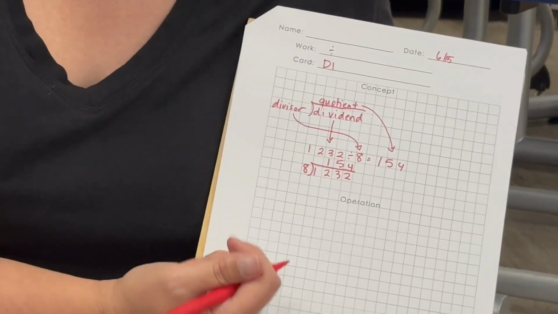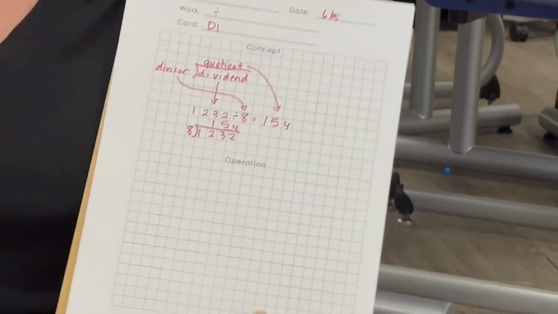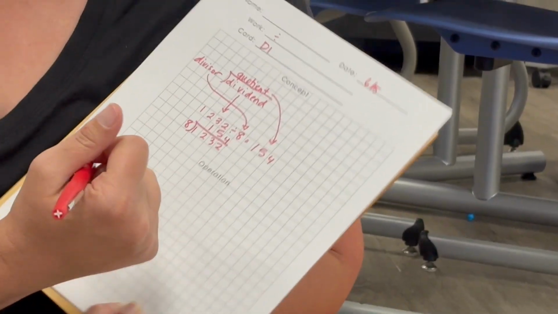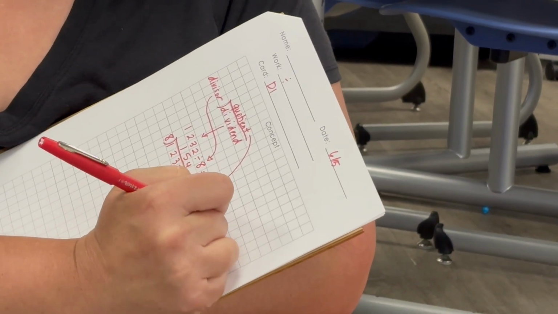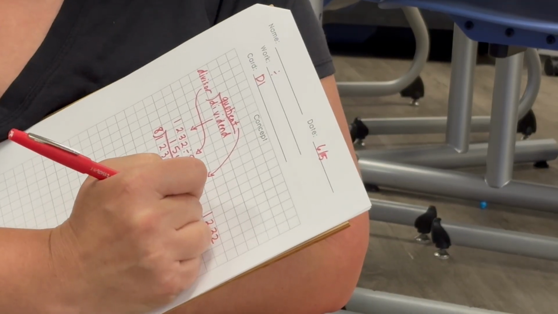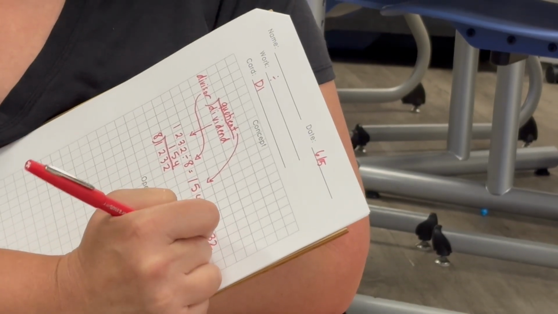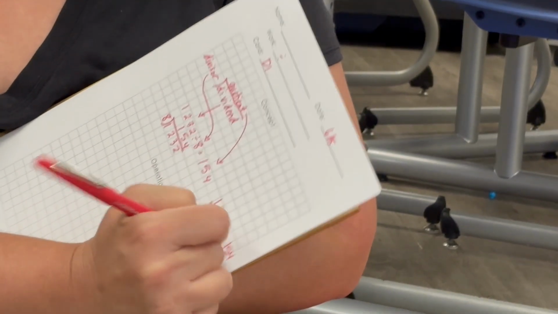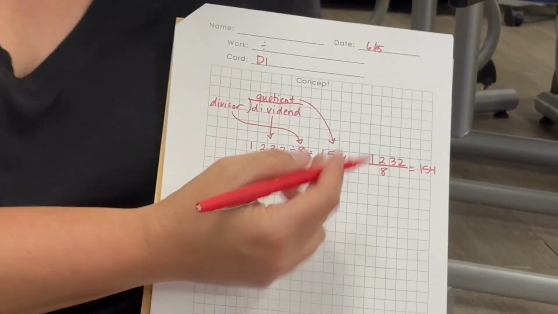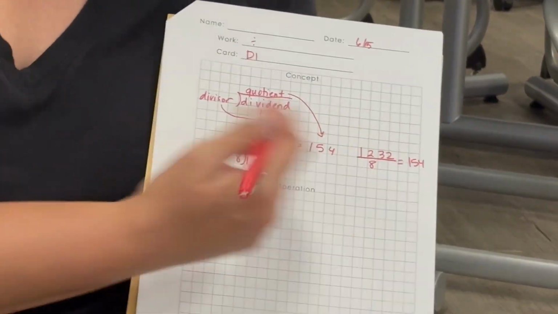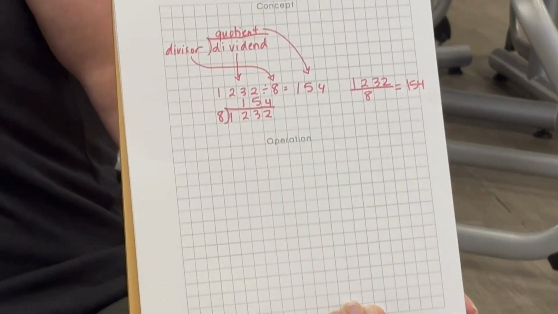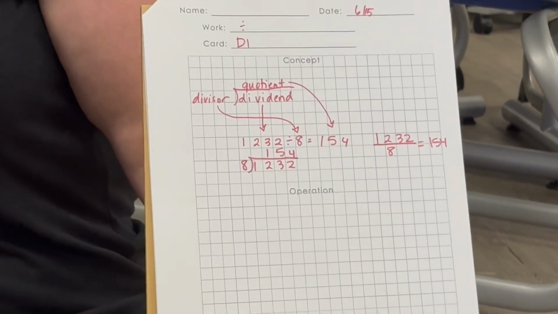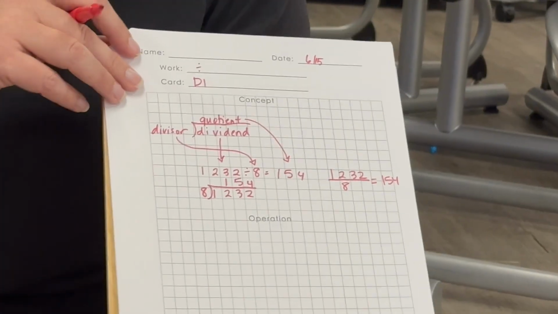And then last but not least, we can write division like a fraction, because fractions are division, and we could write 1,232 divided by 8 equals 154. And then, you know, I could point to the different parts as well. In future problems, they move on to greater than, less than.